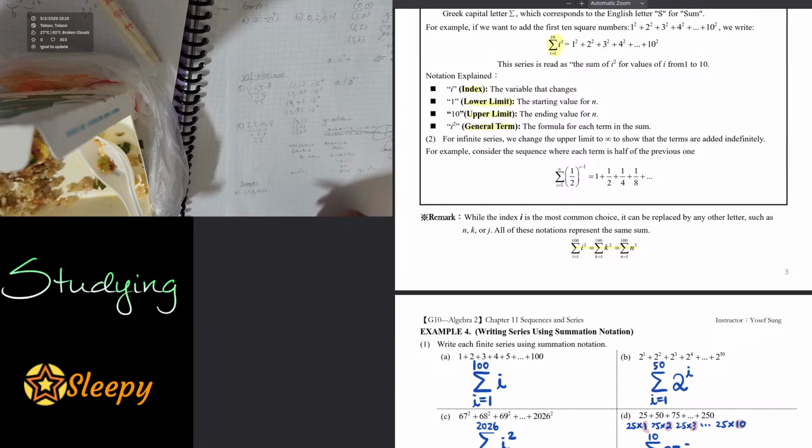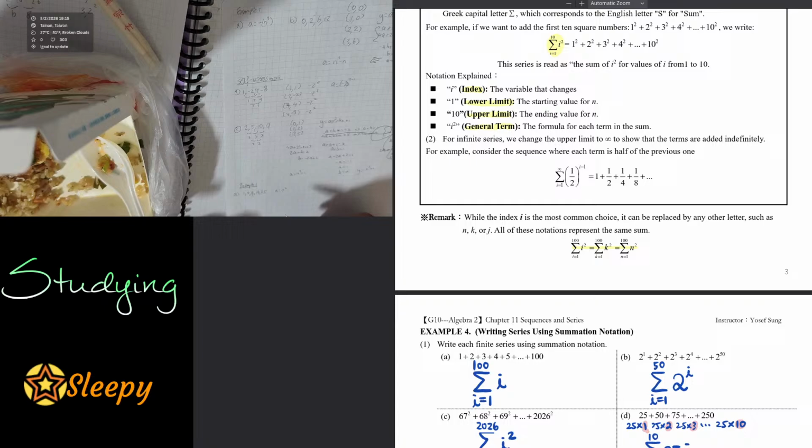So 1 is 1, 2 is 4. So a is actually just n squared, right? I'm doing something seriously wrong. That's obvious. No, but it is n squared.